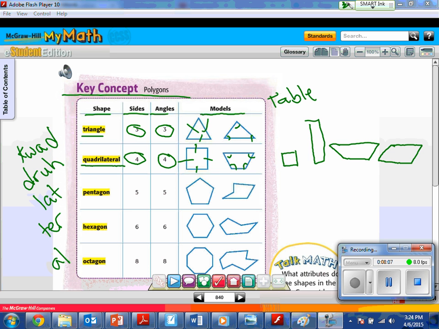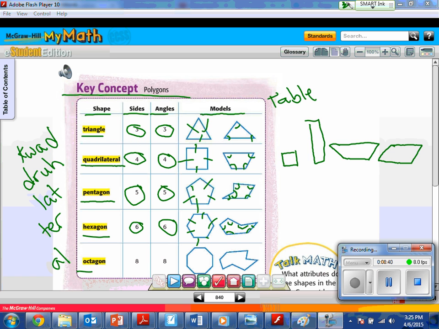Our next polygon is called the pentagon. A pentagon has 5 sides, 1, 2, 3, 4, 5, and 5 angles. Our hexagon has 6 sides, 1, 2, 3, 4, 5, 6, and 6 angles.